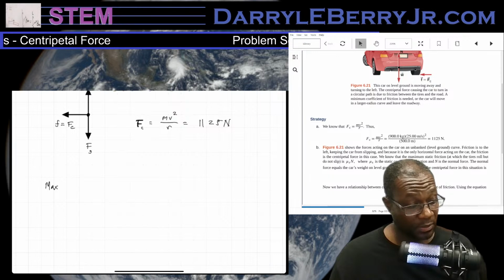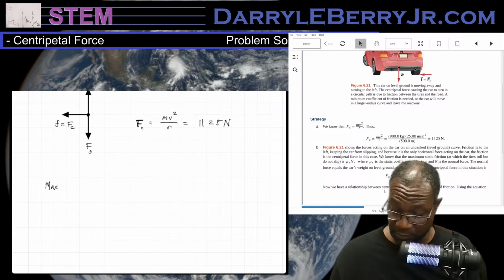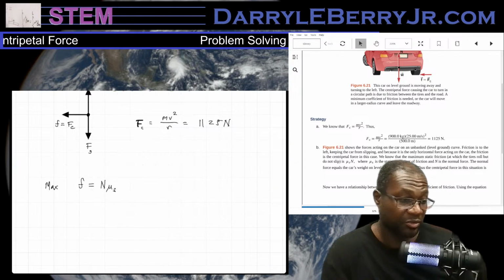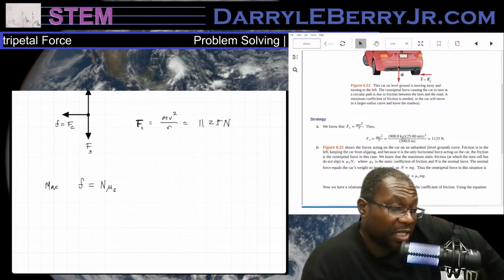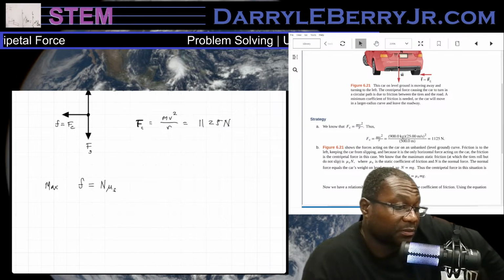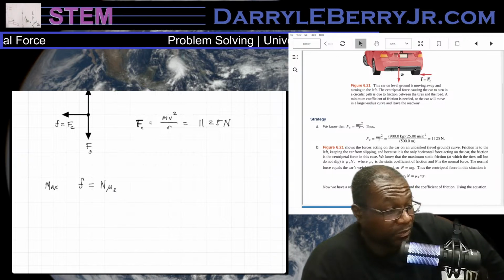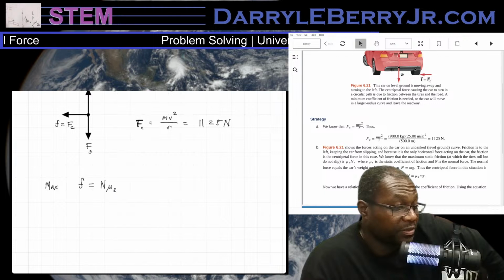Max F equals mu N, maximum static friction, at which the tires roll but do not slip, is the coefficient of friction times the normal force, where mu s is the static coefficient of friction and N is the normal force.